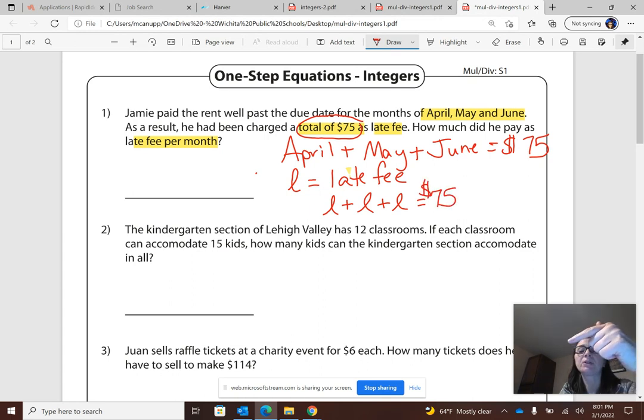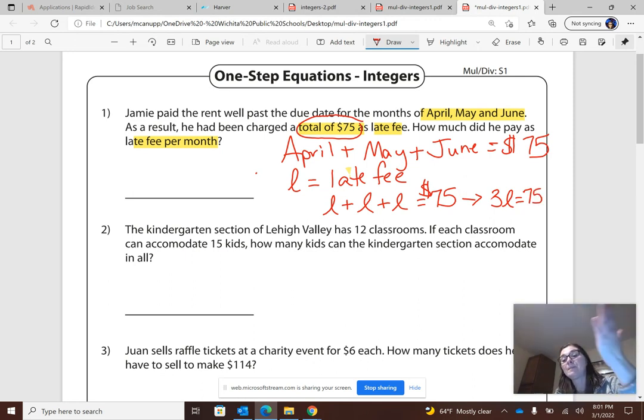Now, some of you are going to make the connection that, oh, if I add L together 3 times, that's the same thing as 3 times L. For example, if I had 5 plus 5 plus 5, I could do 3 times 5 because multiplication is repeated addition. So I'm going to think about 3 times L equals 75.